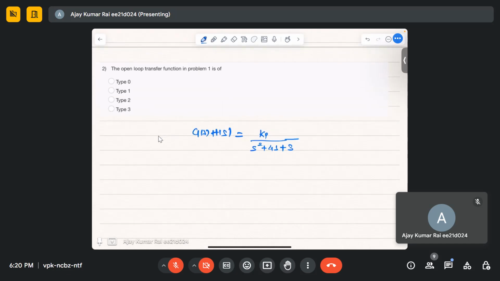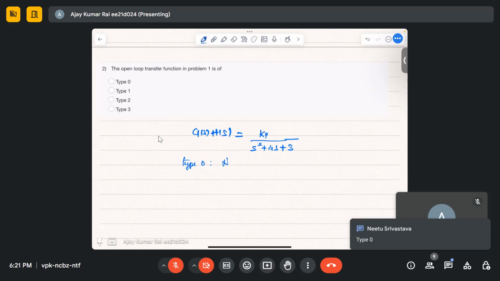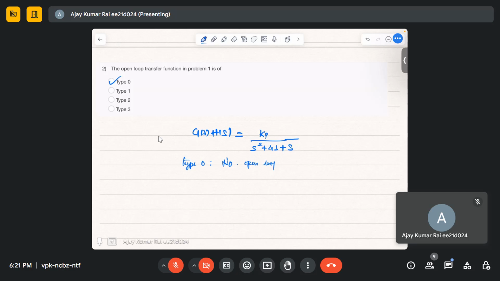What can you comment on the type of the system? Type 0, the correct answer is type 0. That means no open loop pole at origin, right?